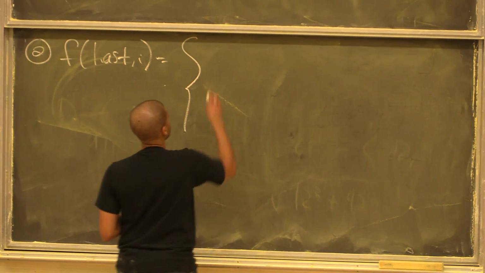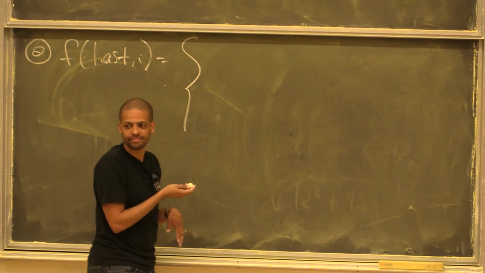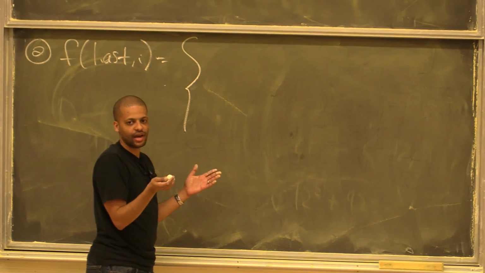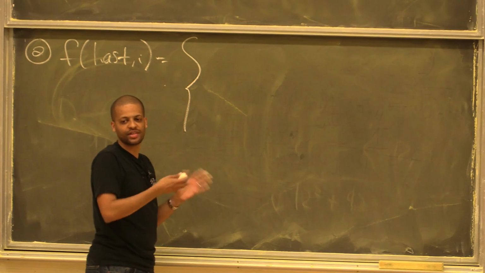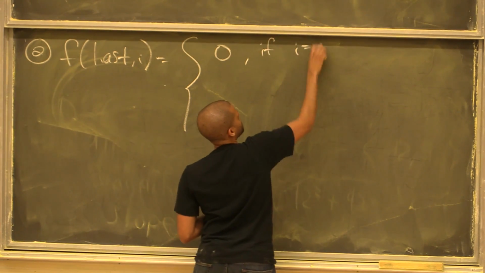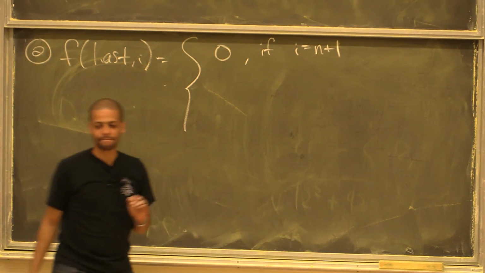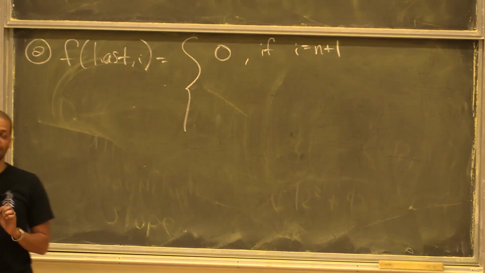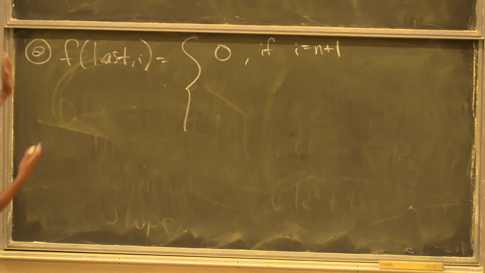So the base case is that i is equal to n plus 1. There's no array left. And then the answer is 0. There's nothing I can take. 0 if i is equal to n plus 1. Right? If i is equal to n plus 1, I'm saying look at the suffix of the array from location n plus 1 onward. That's empty. That's the empty array. There's nothing.